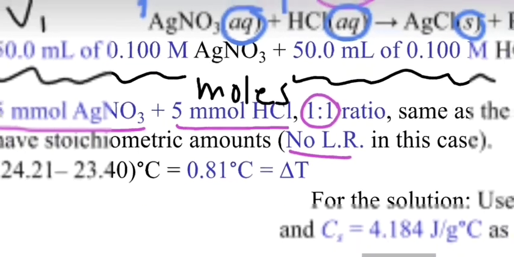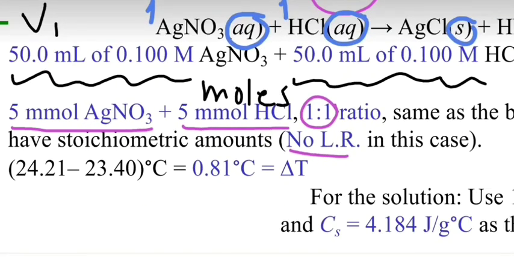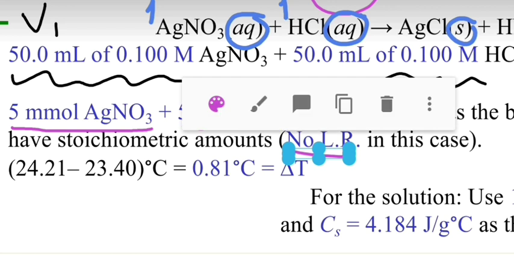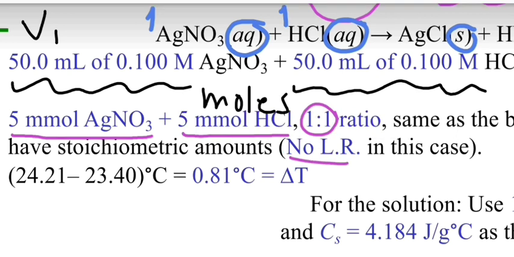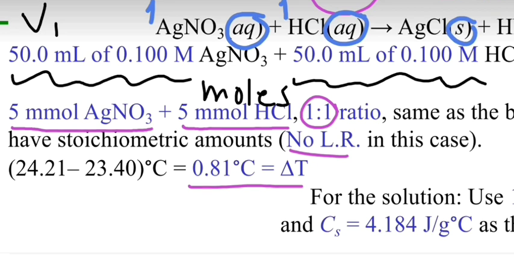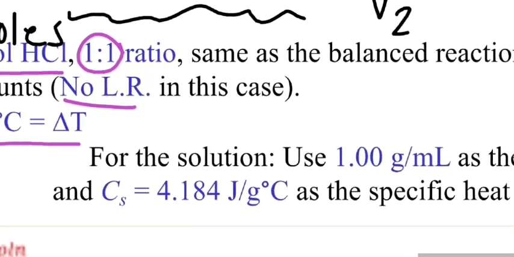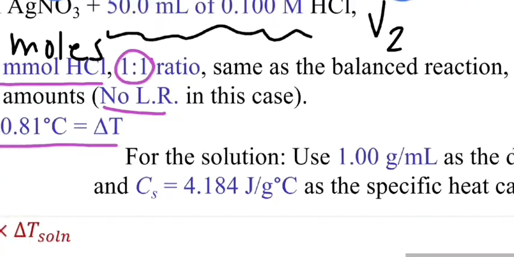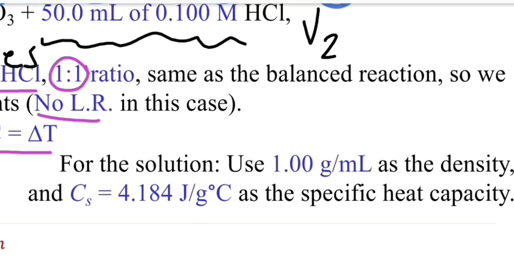The other piece of information that we're given in the problem is the change in the temperature for the solution. And also remember that for all these types of problems, both the density and the specific heat capacity of the solution are going to be equal to the ones that we have for water.